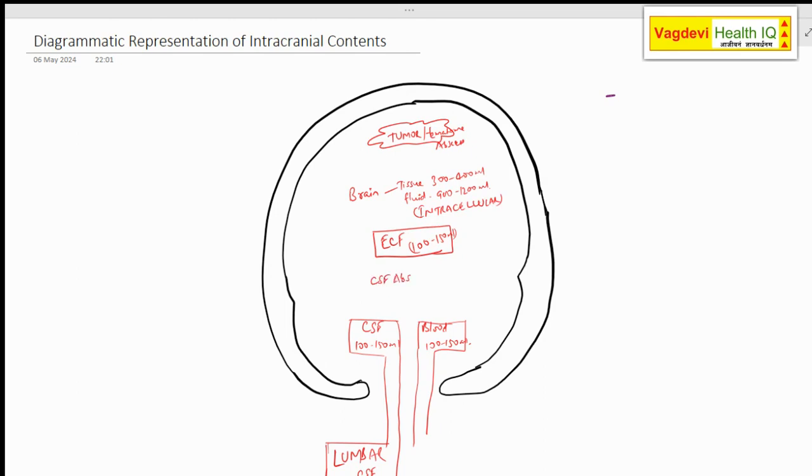CSF absorption, I'll make you understand, don't worry. Where does CSF get absorbed? Anybody? Arachnoid villi. Okay. Where is CSF getting produced?